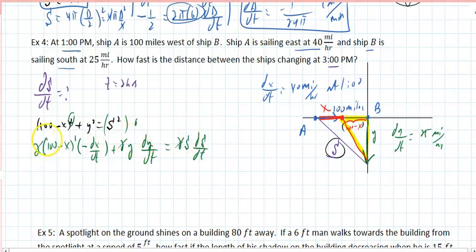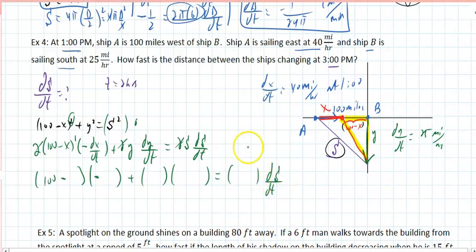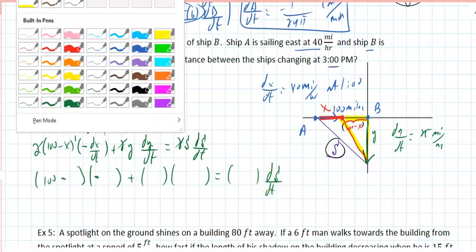The 2's cancel out. I'm looking at (100 minus x) times negative dx dt plus y dy dt equals s times ds dt. So let's figure out what all of those are.